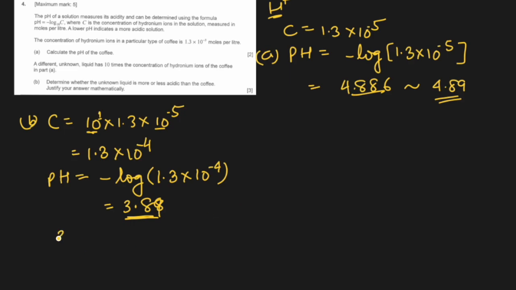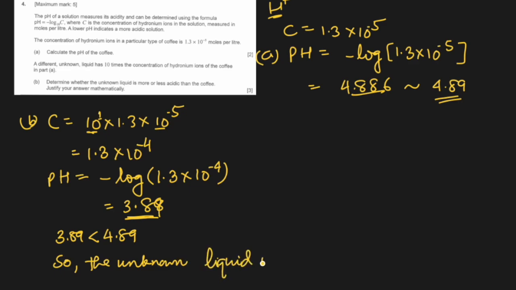So we can write 3.89 is less than 4.89. So the unknown liquid is more acidic, because they said a lower pH indicates a more acidic solution, so that's why the unknown is more acidic.